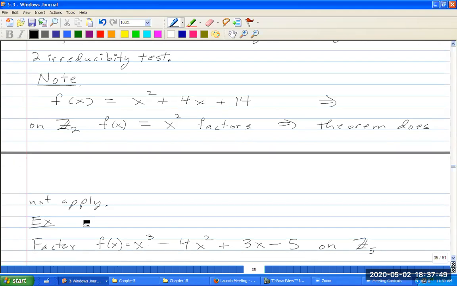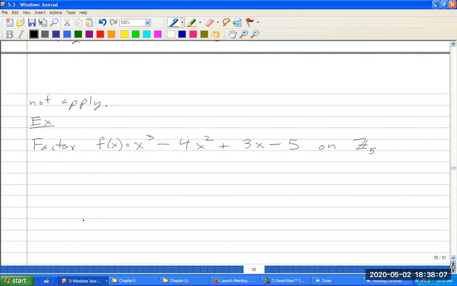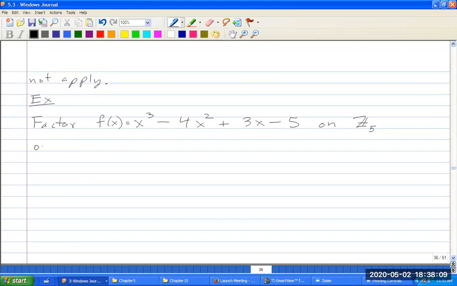Okay, so let me do an example of factoring over, let's say, Z5. So let's look at what happens on Z5. Z5 we can think of as consisting of 0, 1, 2, 3, and 4.